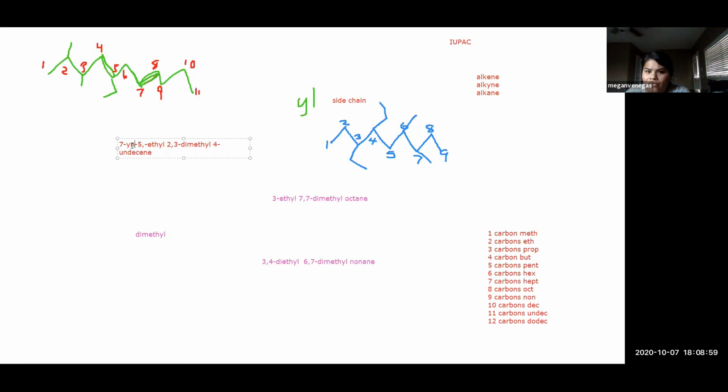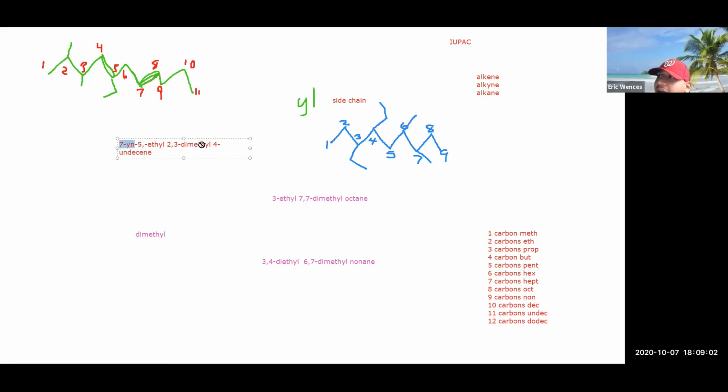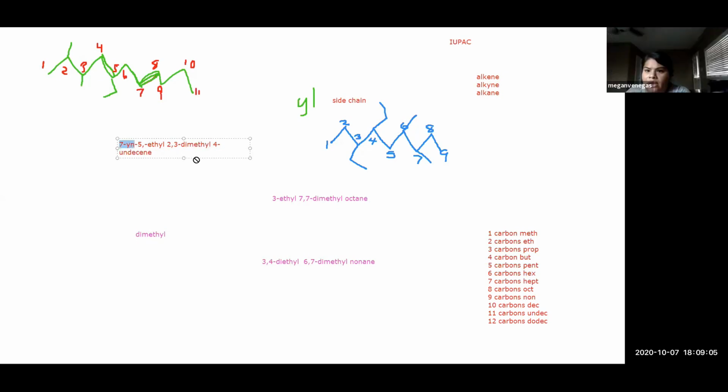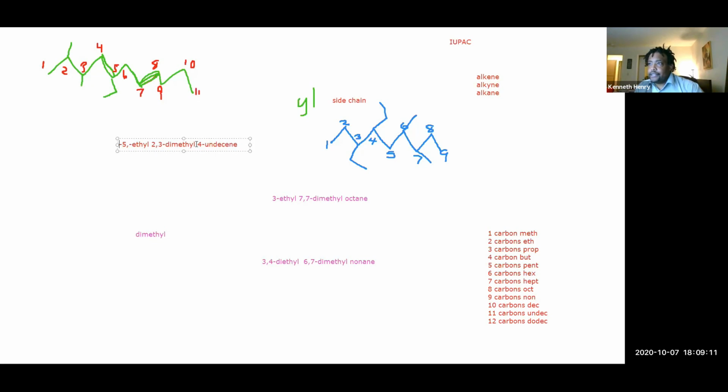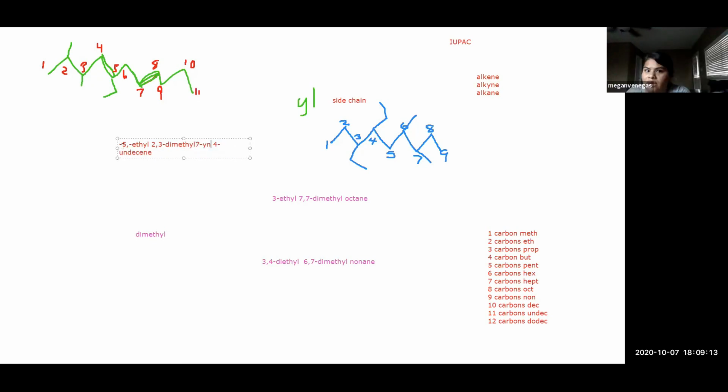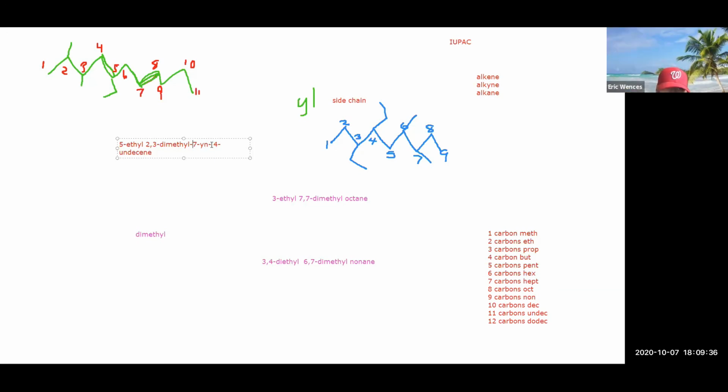That should be last, actually, because it's a Y, and you don't take the E with it. We dropped the E and use just the YN. So we have 5-ethyl, 2,3-dimethyl, 4-undecen-7-yne.